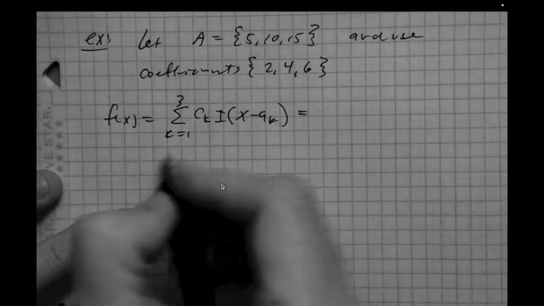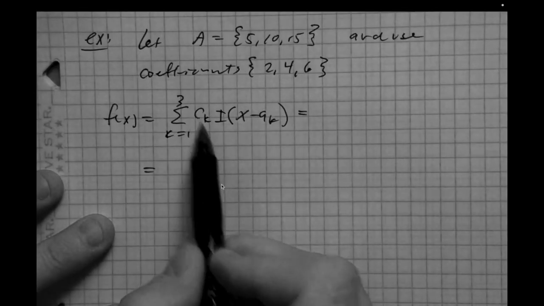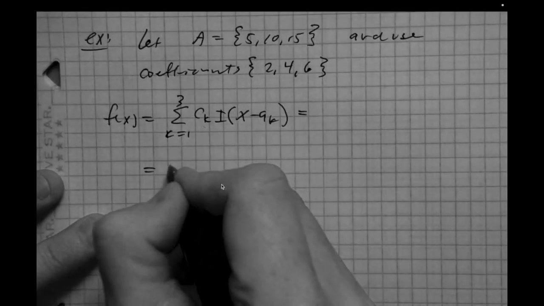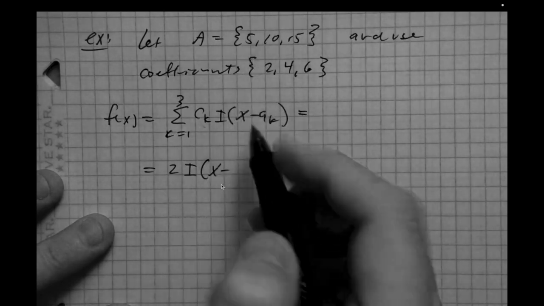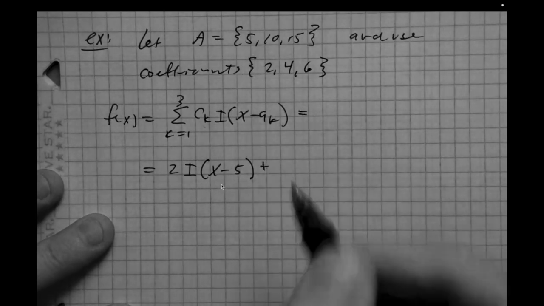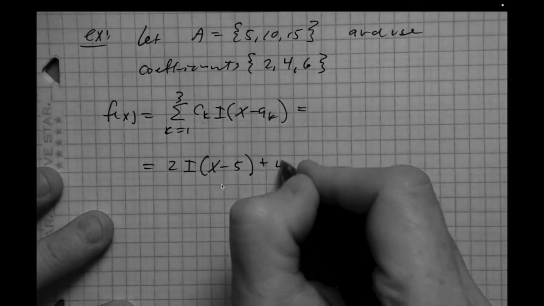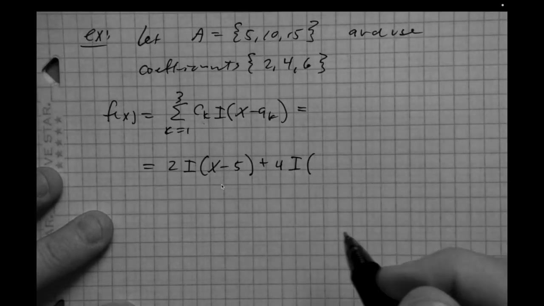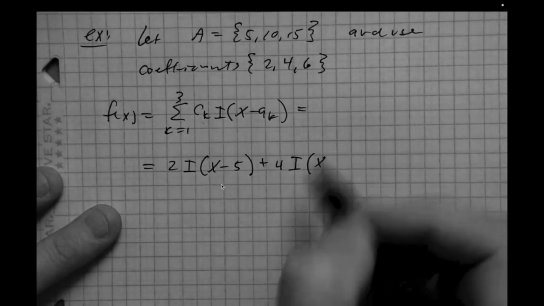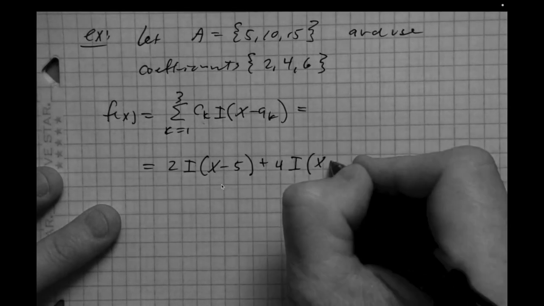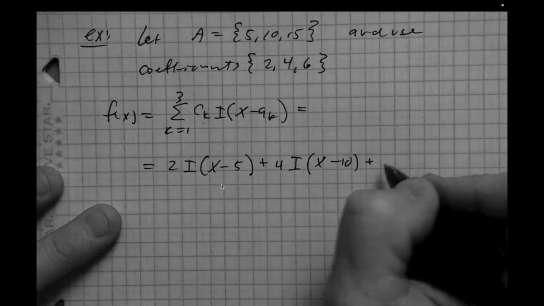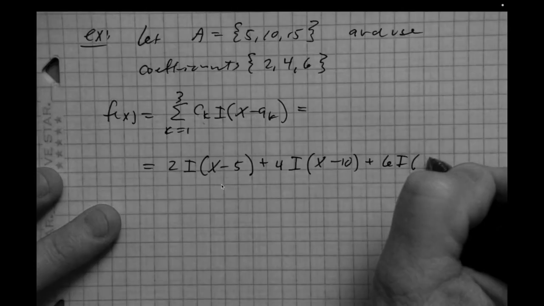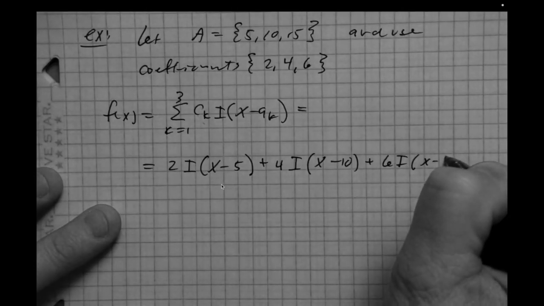Right, so let's actually write it out here. c1 would be just 2, and then it's I times x minus a1, which is 5, plus 4 times I of x minus a2, which is 10, plus, and then the last one would be 6 I of x minus 15.